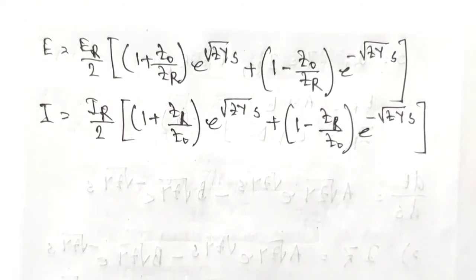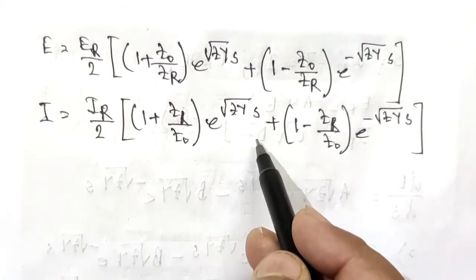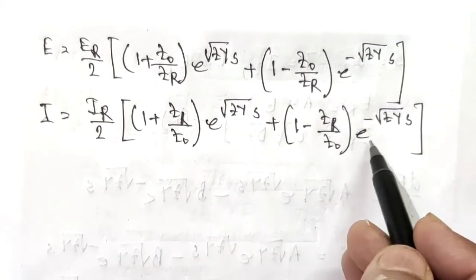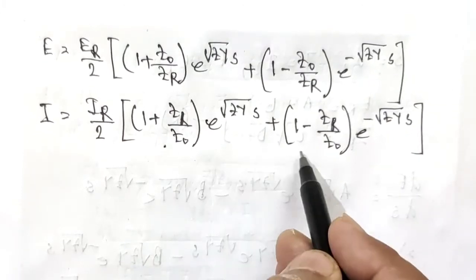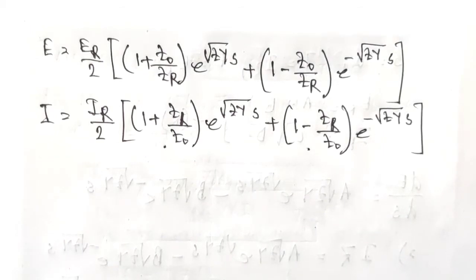So by putting the values of A, B, C and D, we have E equals ER by 2 into 1 plus Z0 by ZR, that is the value of A, into e to the power root ZYS, plus 1 minus Z0 by ZR e to the power minus root ZYS, that is by putting the value of B, and capital I equals IR by 2 into 1 plus ZR by Z0 e to the power root ZYS plus 1 minus ZR by Z0 e to the power minus root ZYS, that is by putting the values of C and the value of D.